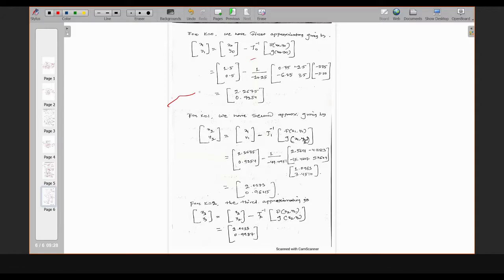This is your initial approximation, and then you can go for the Jacobian matrix at the initial point, that is x0 and y0, which equals 1 upon minus 14.25. This is your J0 inverse.